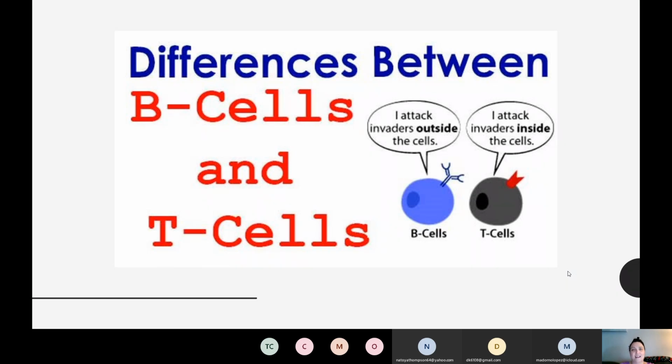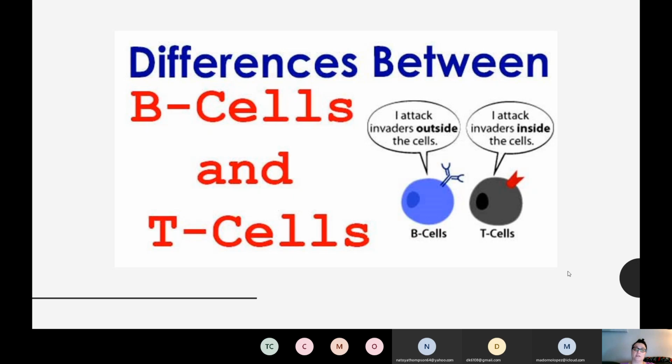All cells originate in the bone, right? And we know that's the marrow. A lot of them travel, make a journey to the thymus, and they become T cells. There are different forms of T cells.